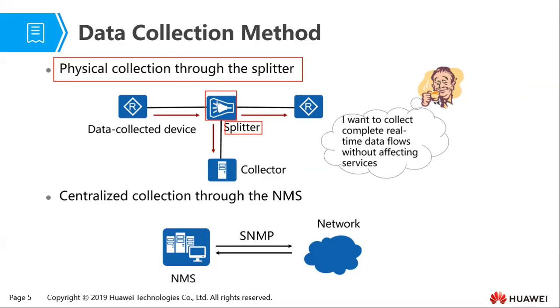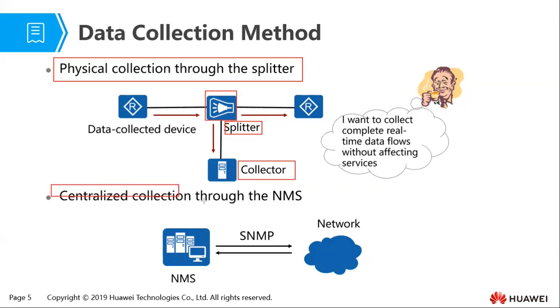So the splitter will be copying packets and passing the copied packets to what we call the collector. So that is one of the methods. The disadvantage of using a physical device, one of them is that it can get complicated and risky installing it within the link.